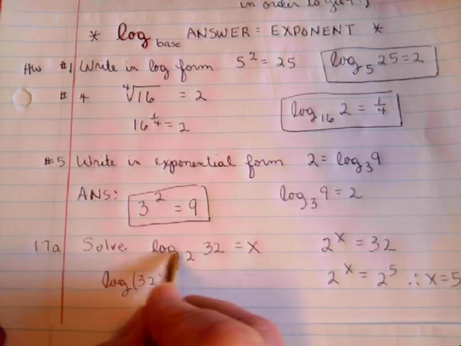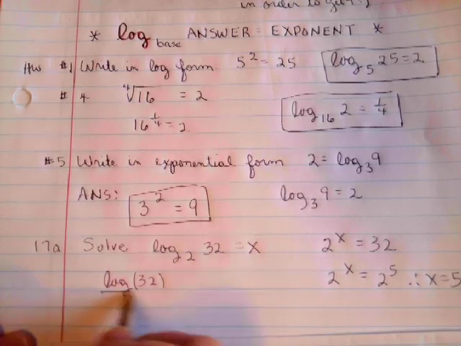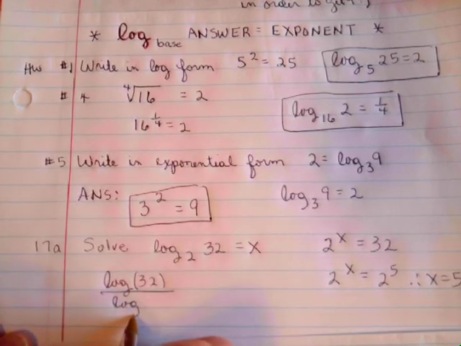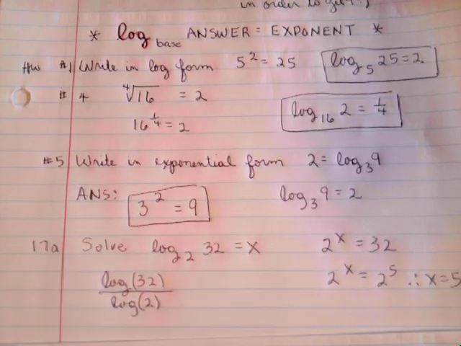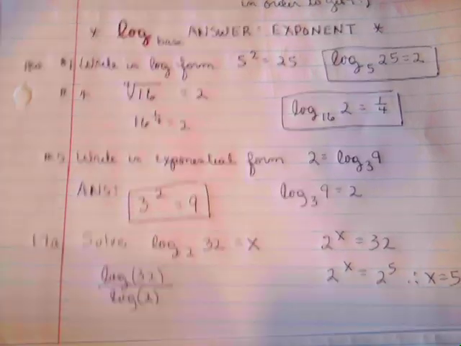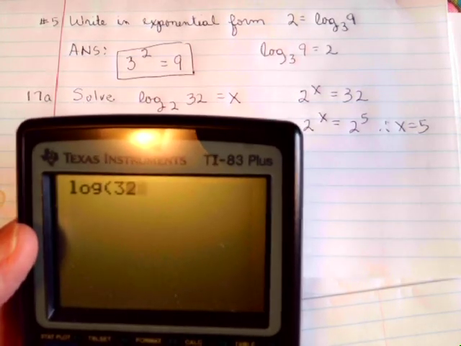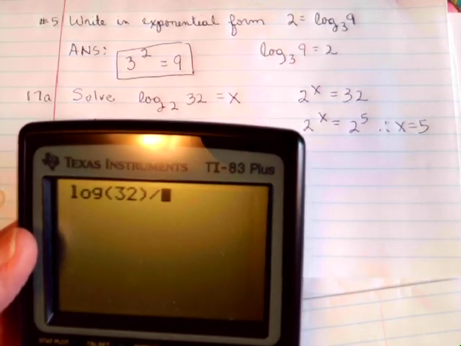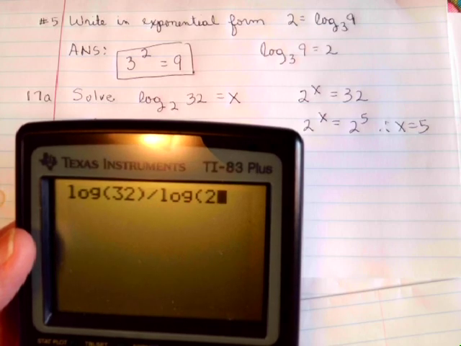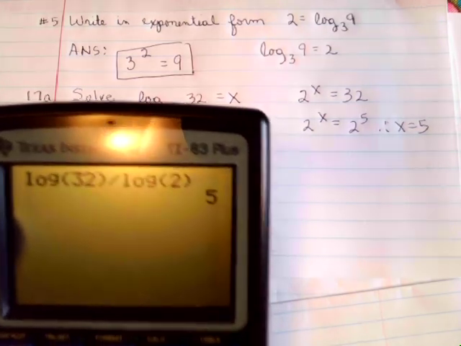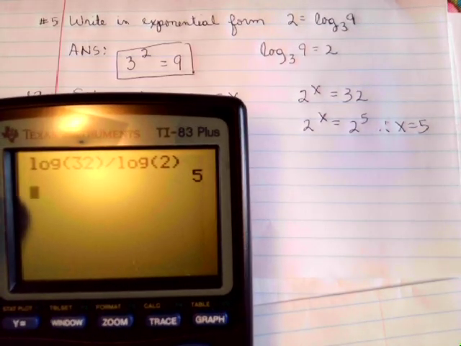You put whatever's on the line with log in the numerator divided by whatever's below the line in the denominator and use your calculator. We're going to do log of 32 divided by log of 2, and guess what? We got 5. We didn't have to even think.